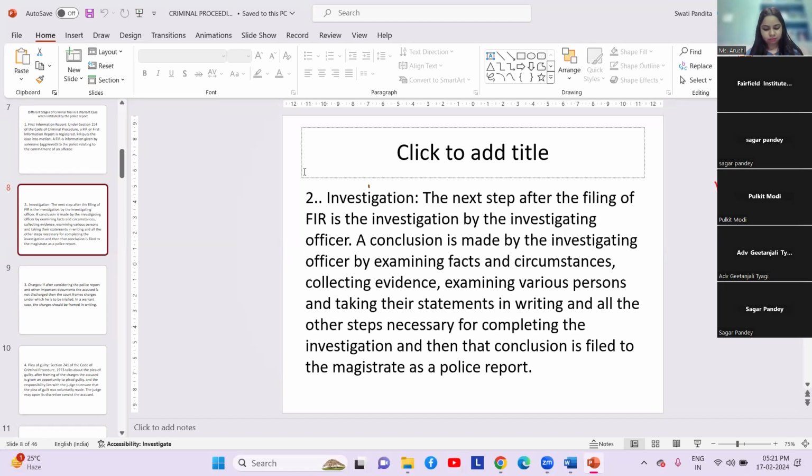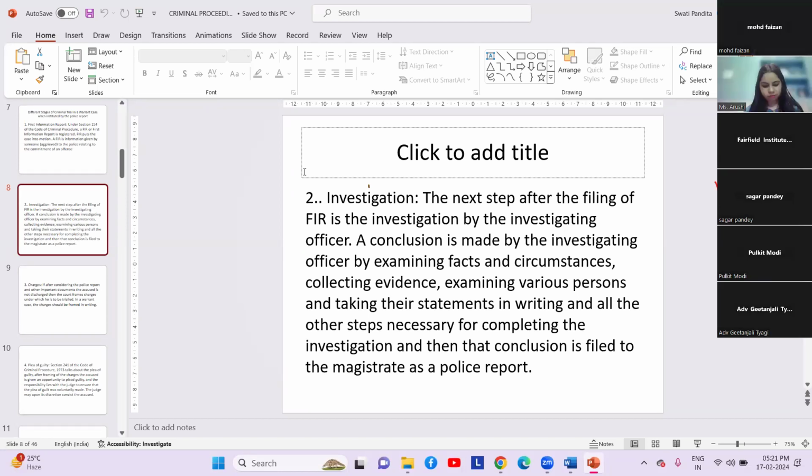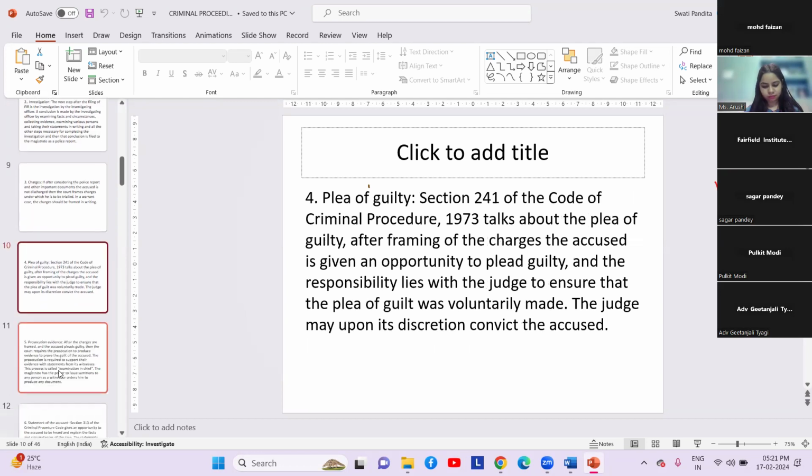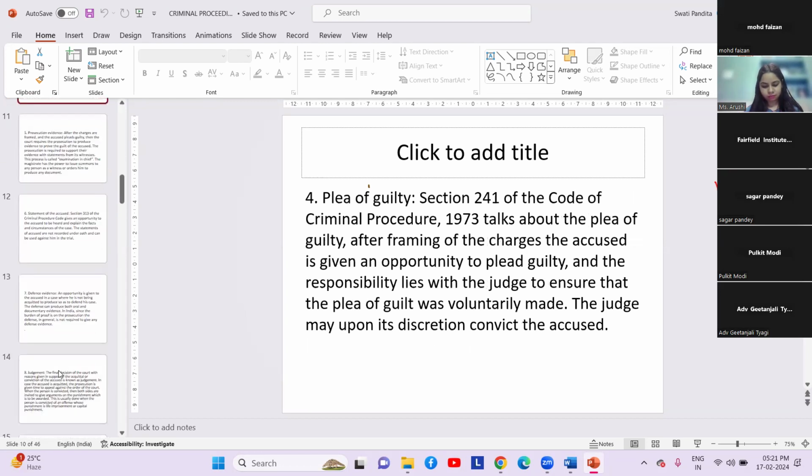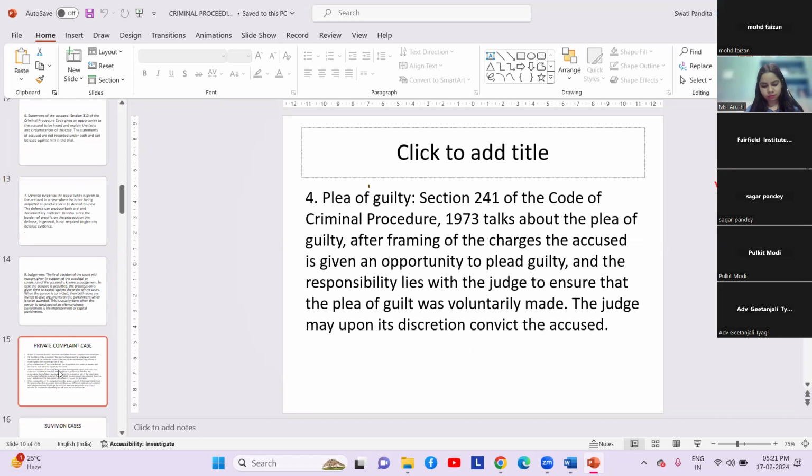while investigating the process. Anyways, I'll talk about this further when I'll be specifically talking about how we will draft a complaint. So I'll move forward with this also, because I assume that you people must be aware of these stages.